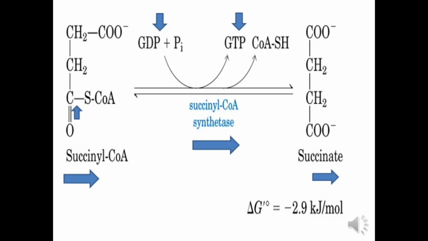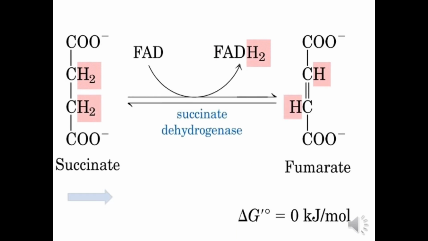In reaction 6, the succinate undergoes dehydrogenation forming fumarate. It is catalyzed by succinate dehydrogenase. Dehydrogenation means removal of hydrogen.